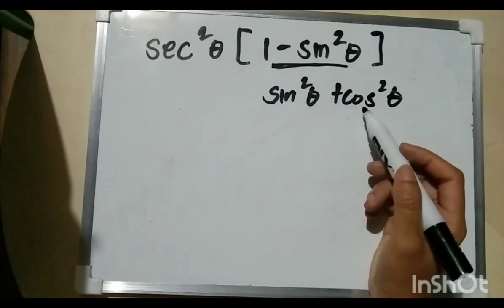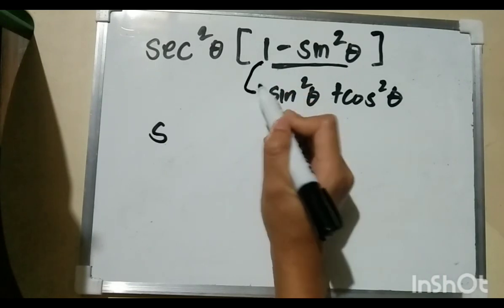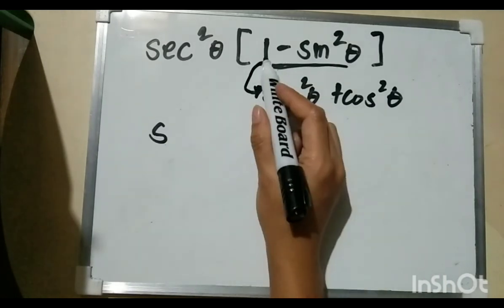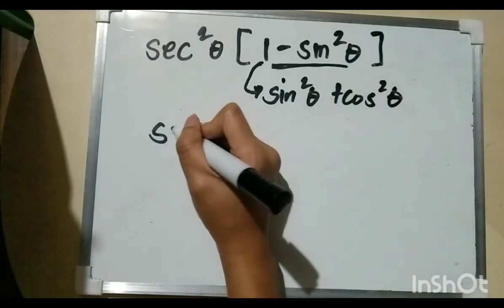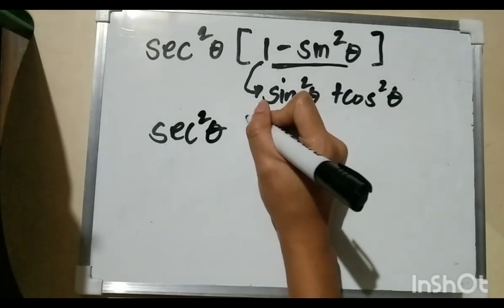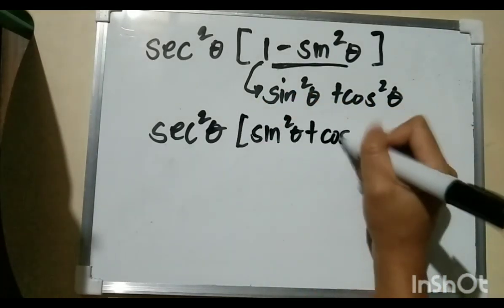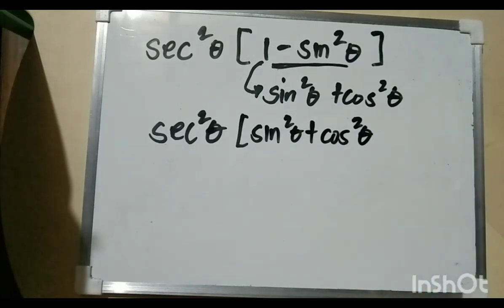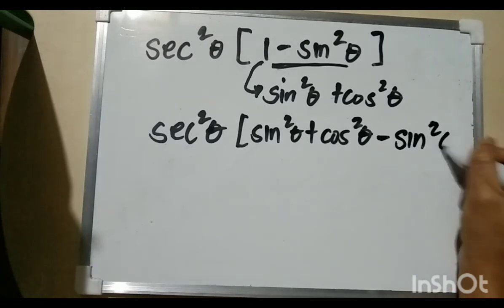Now we will just copy the remaining parts and substitute the 1 with this Pythagorean expression, so our 1 becomes sine squared theta plus cosine squared theta, minus sine squared theta.